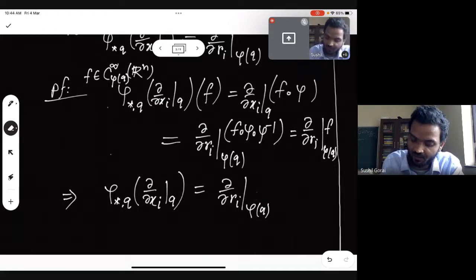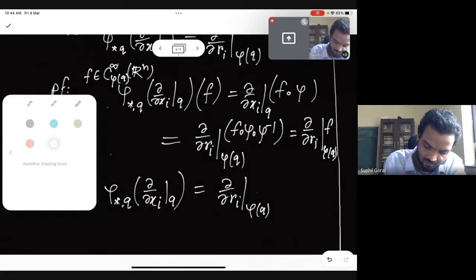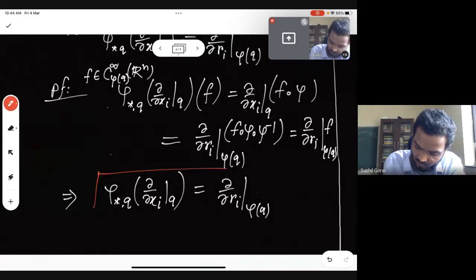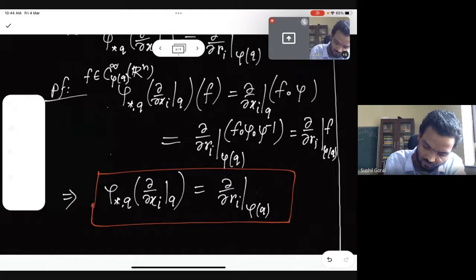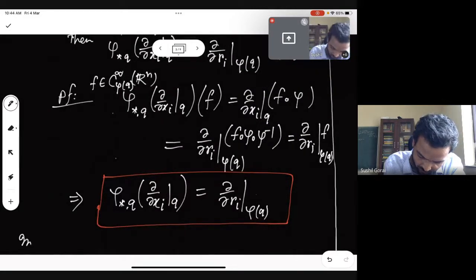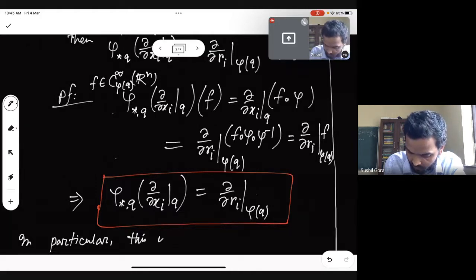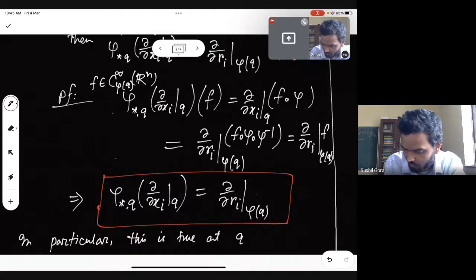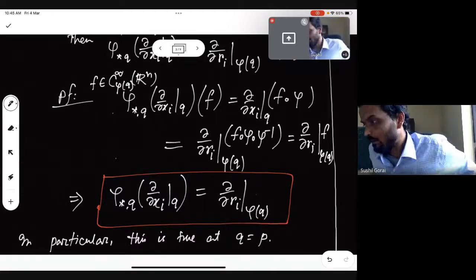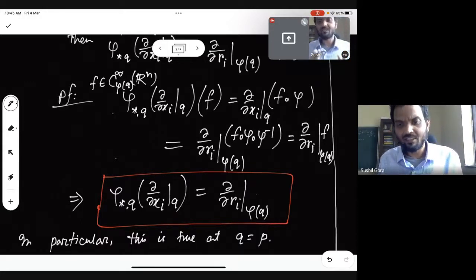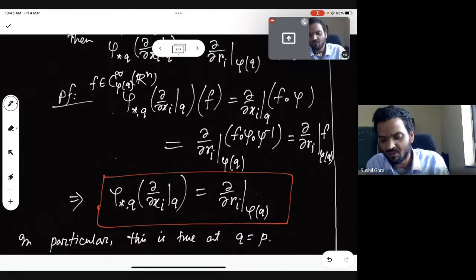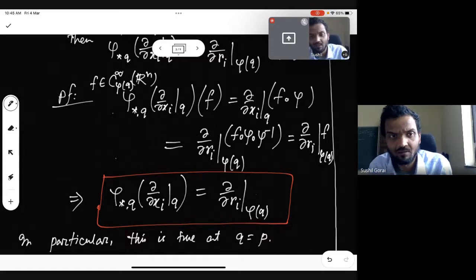So in particular, this is also true at q equal to p, right? So this is what we claimed. See, there is nothing in the proof. What you need is to know the proper definitions and write these things. There's nothing more than that. All right.